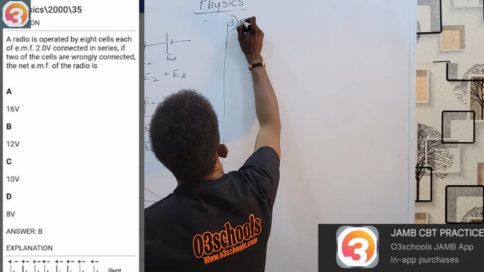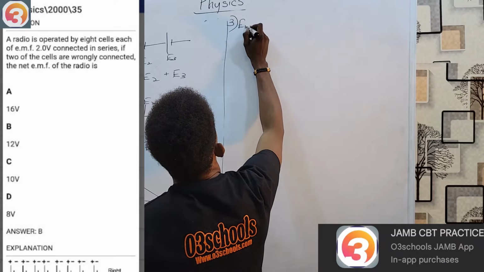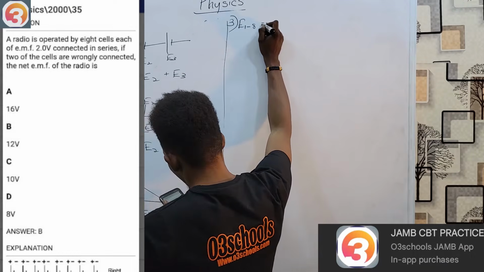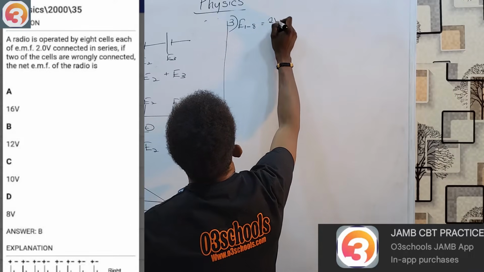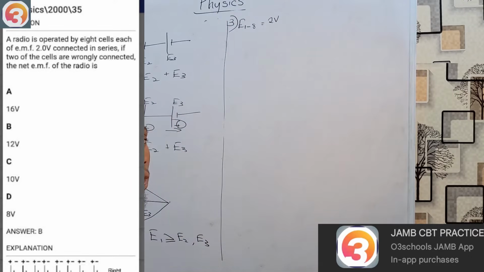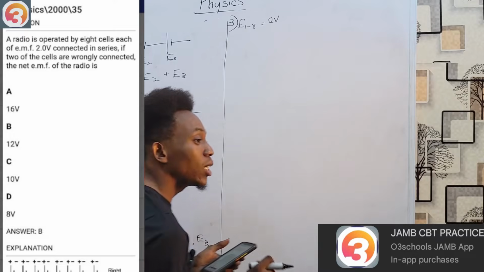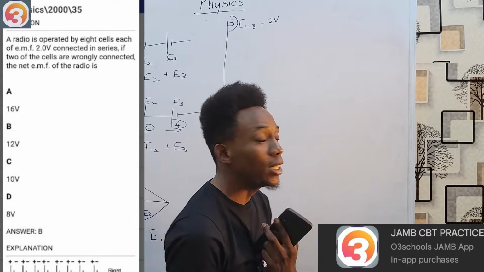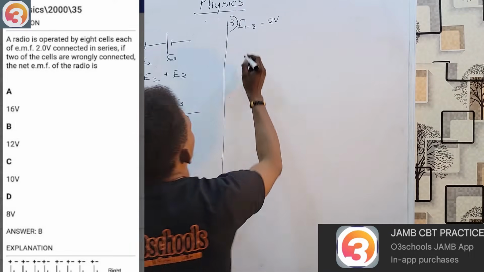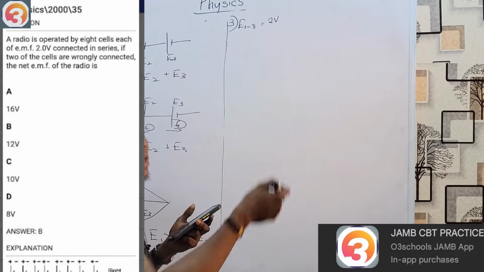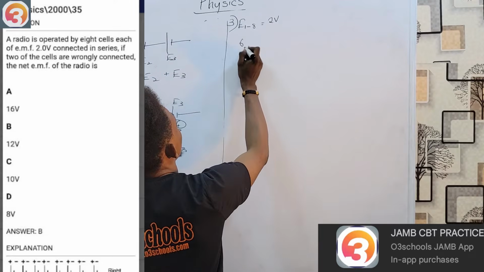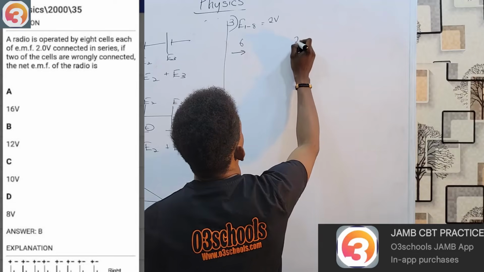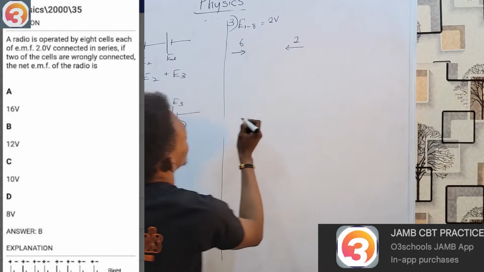Now, each of the 8 cells is rated 2 volts and they are in series. But 2 are wrongly connected, which implies that they are facing the wrong direction. So if out of 8, 2 are wrongly connected, that means 6 are facing one direction and 2 facing the other direction.